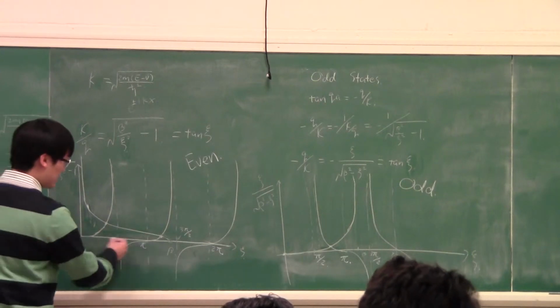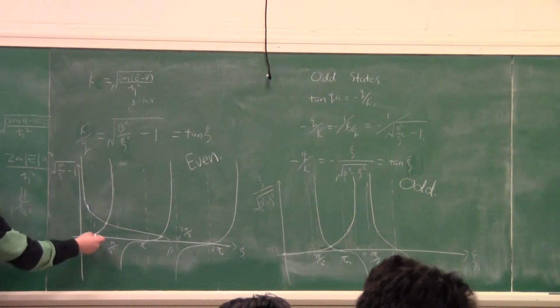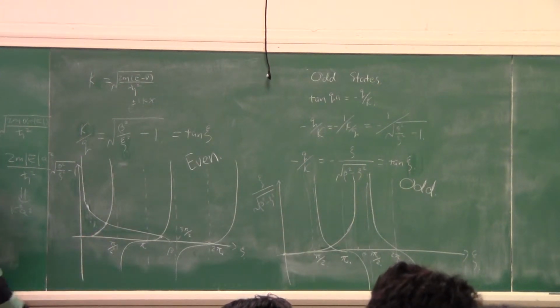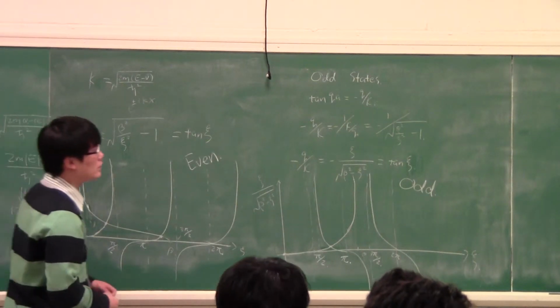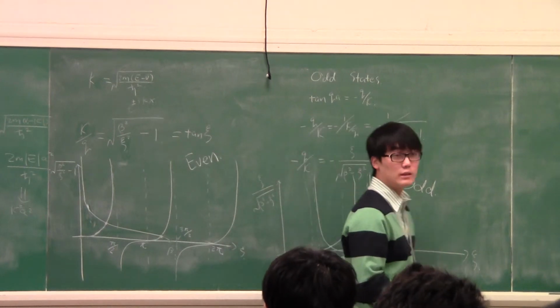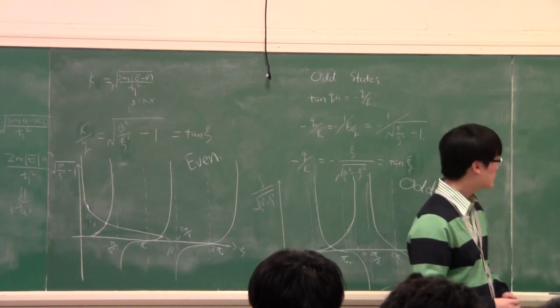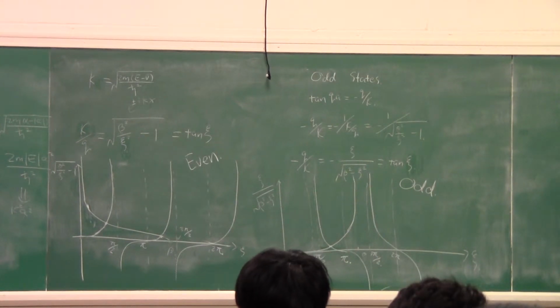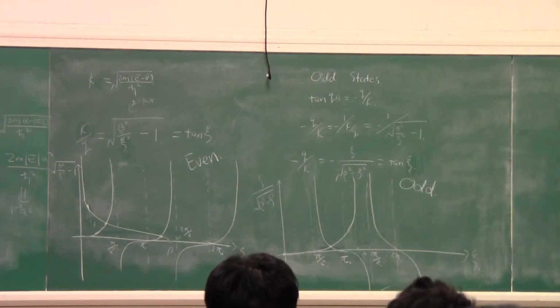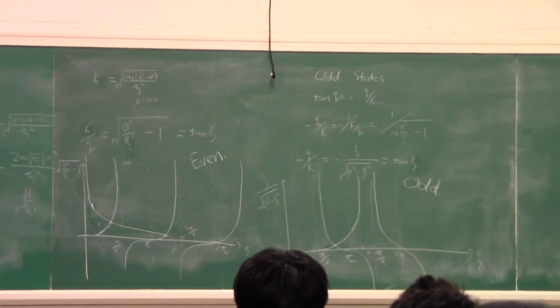Wherever I put this beta, because it starts out from infinity and it connects to a point on here, there's always a bound state. There's always an even bound state for the finite symmetric square well potential. And now there's an important formula that you can derive based on this graph.